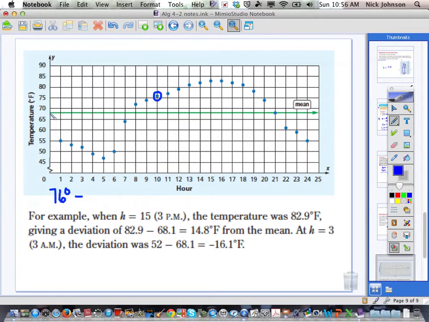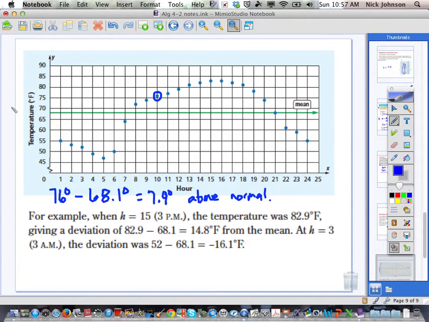Well, my mean is 68.1 degrees. So, 76 minus 68.1 gives me 7.9 degrees. And what we say that is above normal.